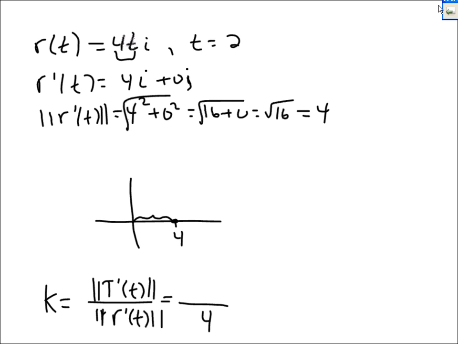Now we need to find T prime of t. T of t is r prime of t divided by the length of r prime of t.